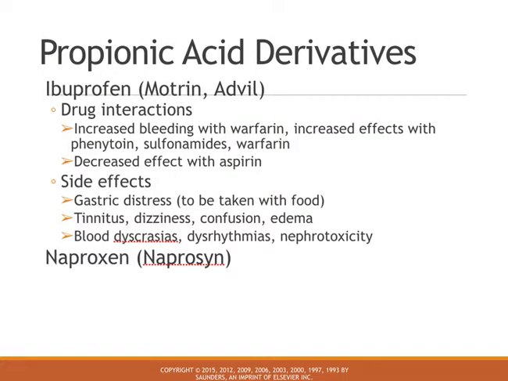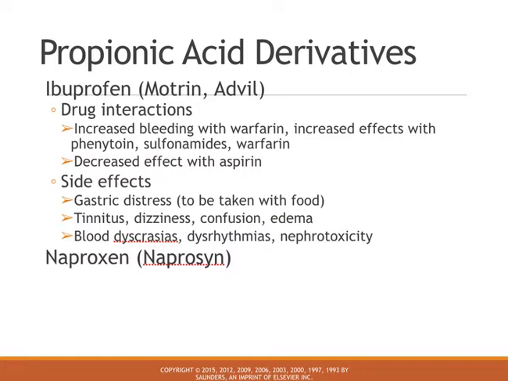From there, let's talk ibuprofen. The trade names are Motrin or Advil. It has similar effects to aspirin, but ibuprofen is less irritating to the stomach and more effective. You can look to table 25-2 in this chapter, which compares those different nonsteroidal anti-inflammatory agents.